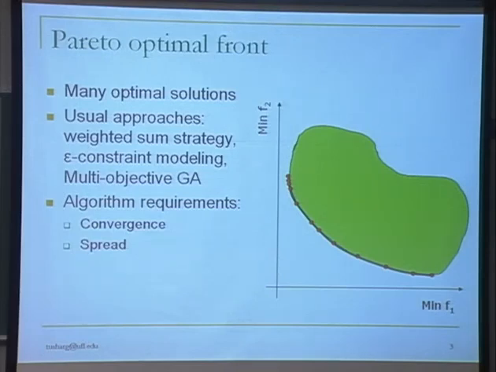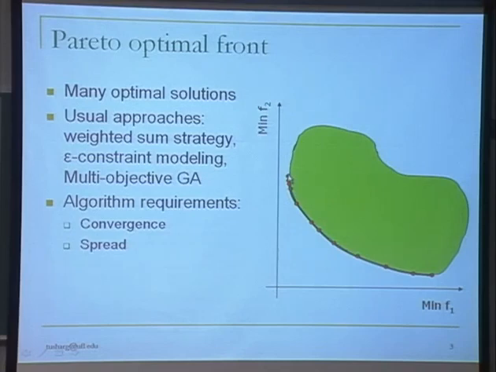If you see the chart on this side, we have a problem where we want to minimize both functions f1 and f2, and this is the function space representation of the functions. So, if you see here, I cannot say that there is a single optimal point. Instead, all the points which lie on the boundary here are optimal.